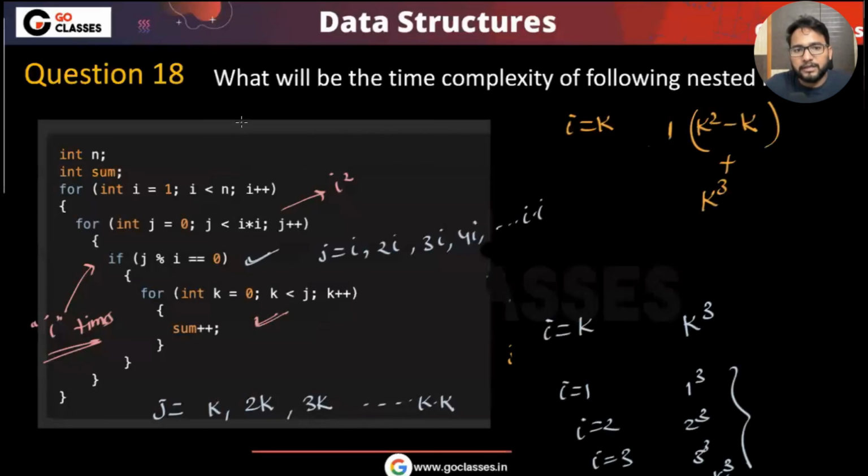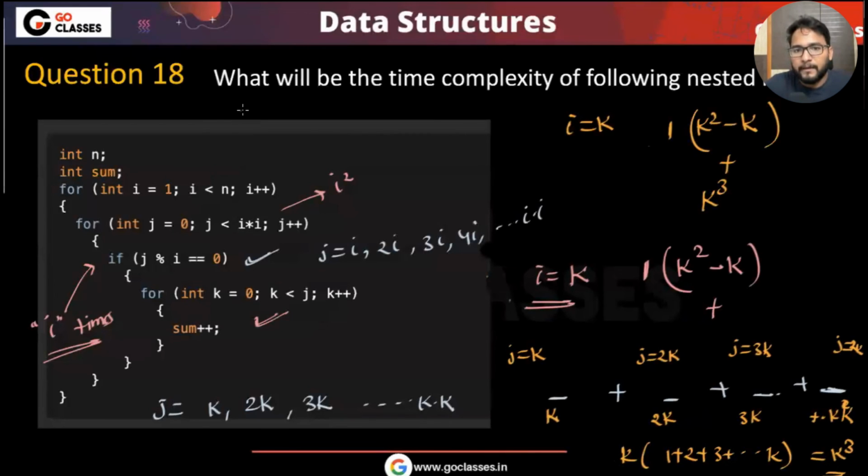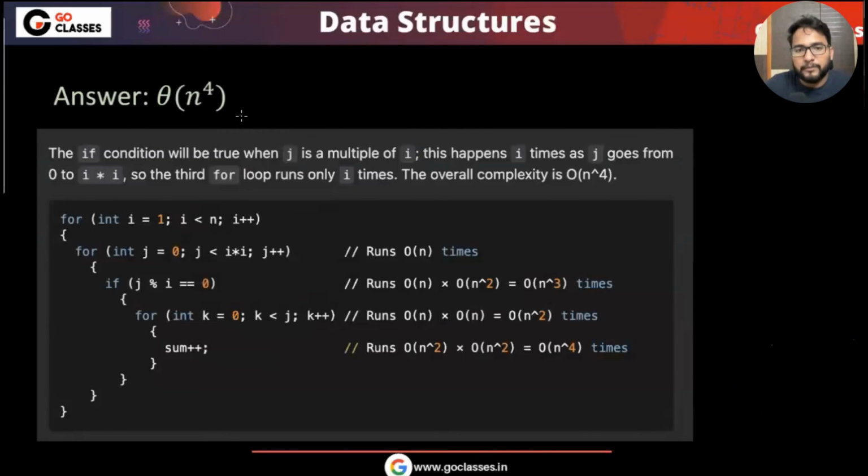So maybe I can just tell you once more what is happening here. Let me see how they have solved it. If the condition j is a multiple of i, this will happen. That is okay. I into i times. So the third for loop runs only i times. Yeah, this is going to run only i times. They are saying this runs n times, this runs n square times.